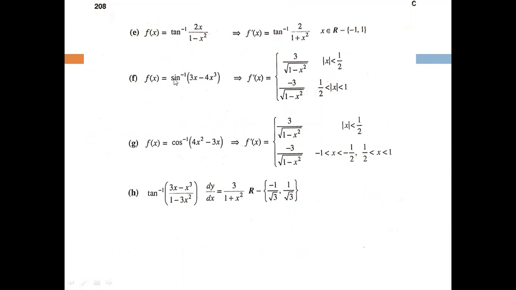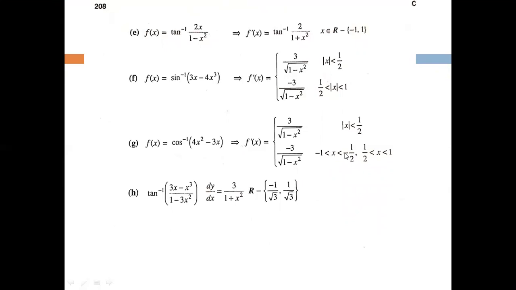If f of x is equal to sine inverse of 3x minus 4x cube, then f dash x will be 3 by root of 1 minus x square, where mod x less than 1 by 2, and where 1 by 2 less than mod x less than 1, minus 3 by root of 1 minus x square. And if f of x is equal to cos inverse of 4x cube minus 3x, then f dash x is equal to 3 by root of 1 minus x square, where mod x less than 1 by 2.